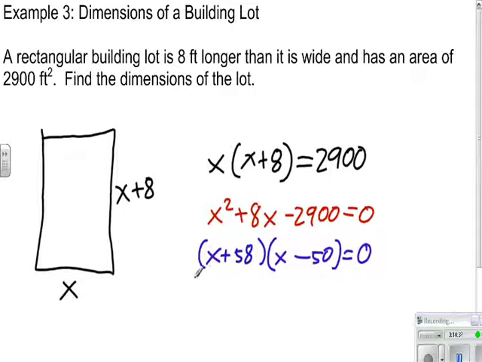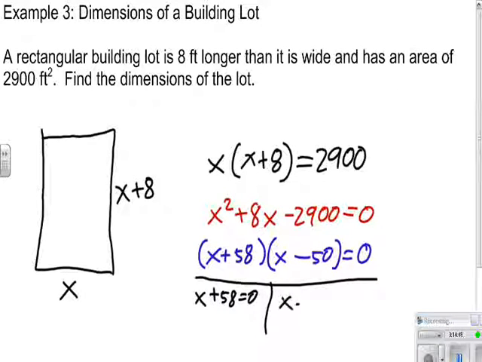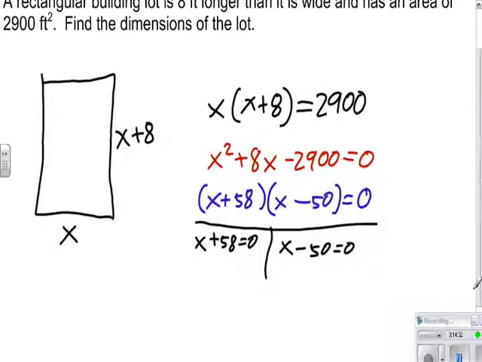We have our two factors. Tee it up and solve. x + 58 = 0 and x − 50 = 0. So x equals negative 58 and x equals 50.